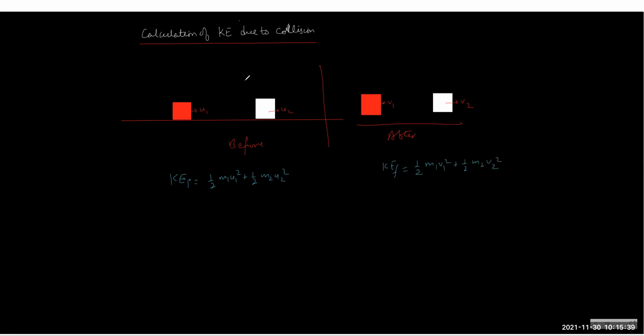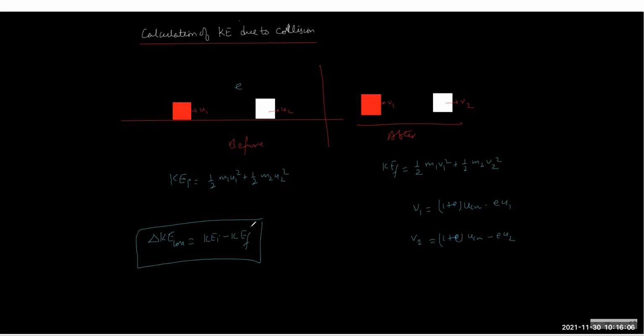Then you also substitute v1 equals (1 plus e) U_CM minus e u1, and v2 equals (1 plus e) U_CM minus e u2. Imagine if you really try to substitute these values, it will be a very cumbersome process to find the loss. The loss in kinetic energy we can write as KE initial minus final.